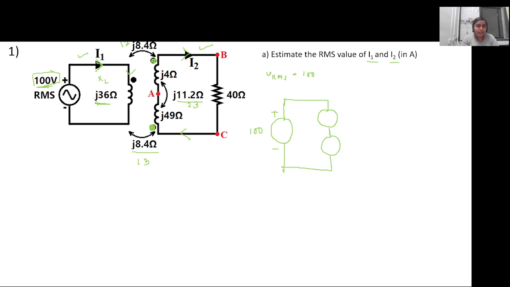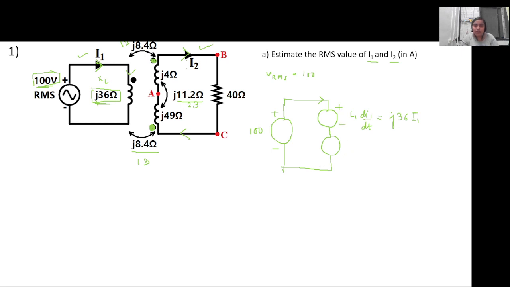What is the self inductance here? It is 36 ohm, right? So in this case, L1 di1 by dt is actually J into 36 I1, and since current is flowing in this direction, the voltage drop will be like this.